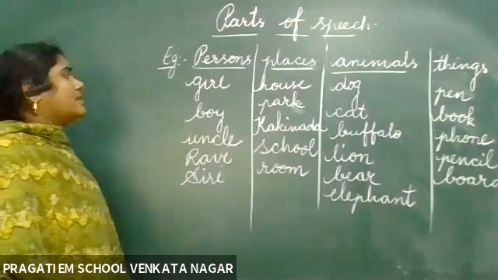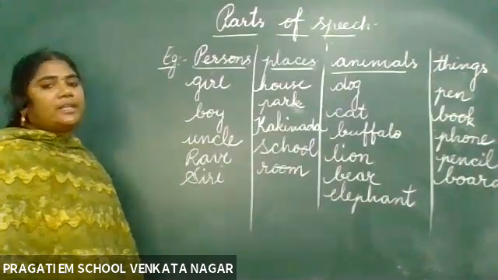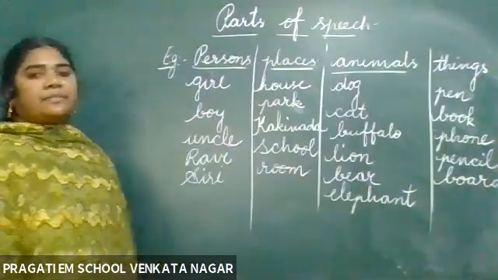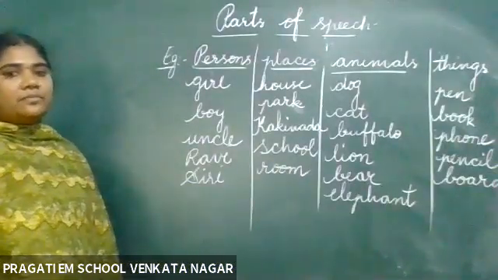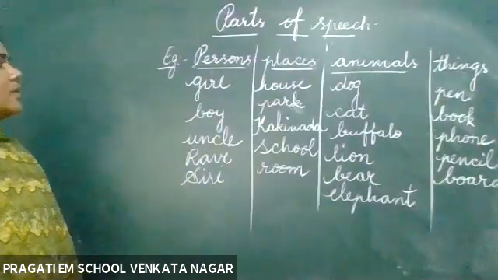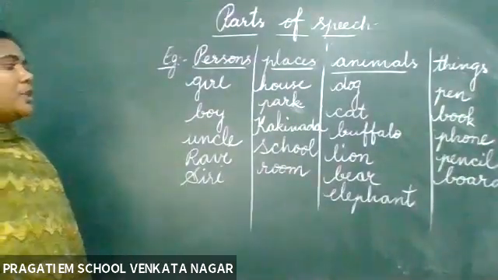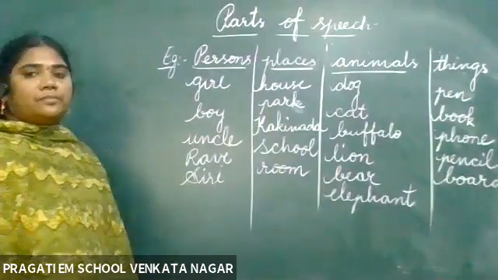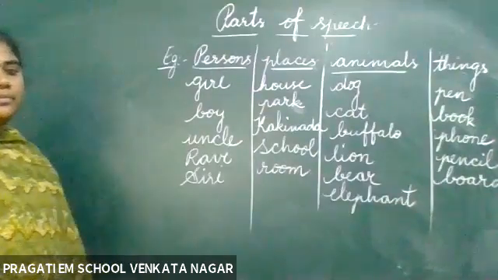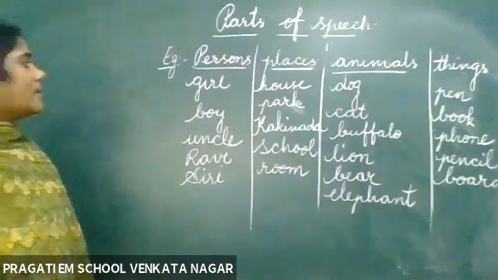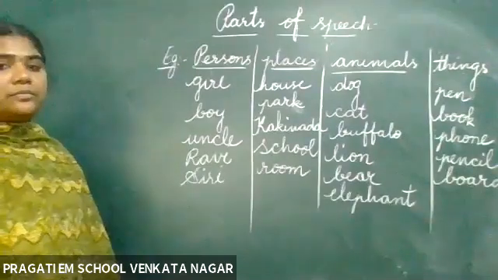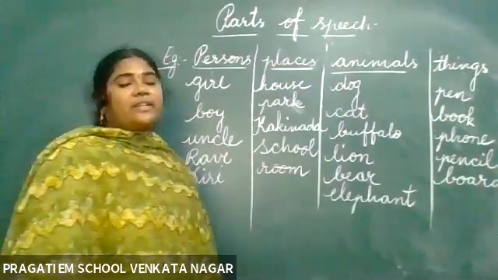Note down this. Examples of nouns: persons, places, animals, things. Note down in your book. Everybody must write it quick.